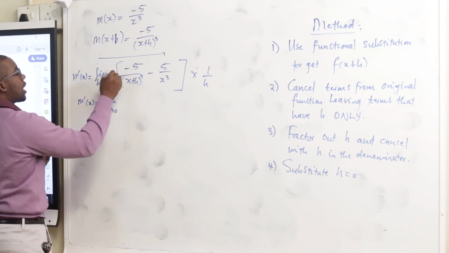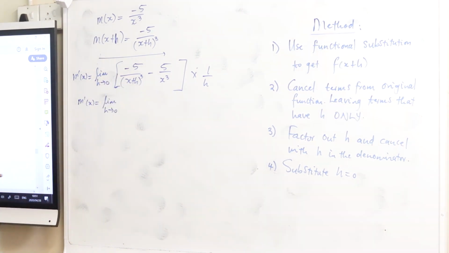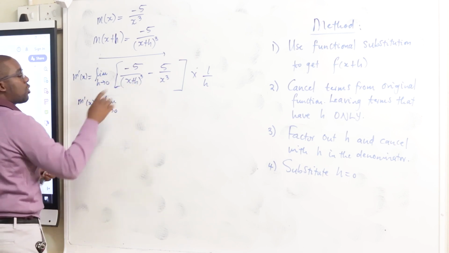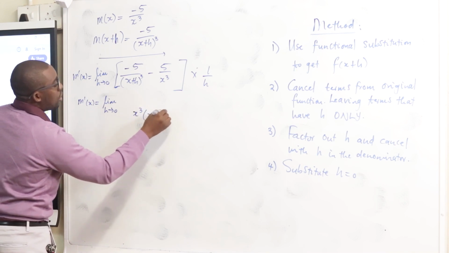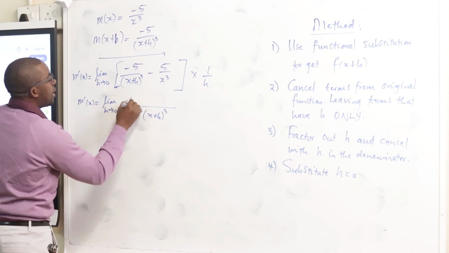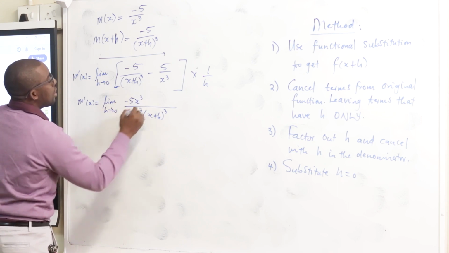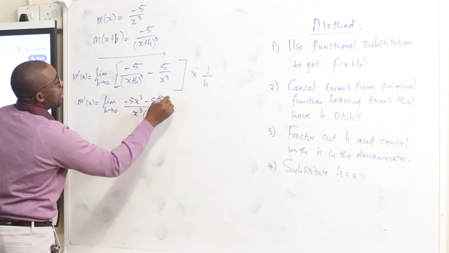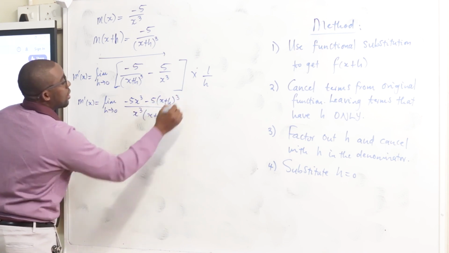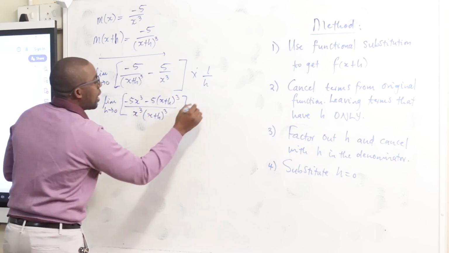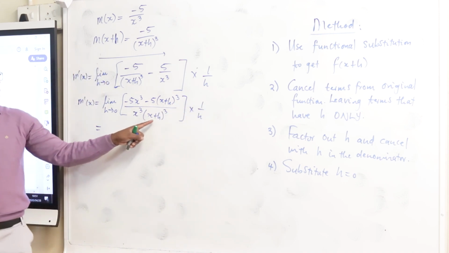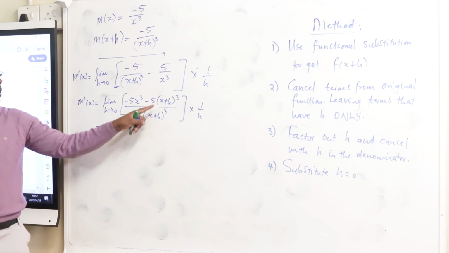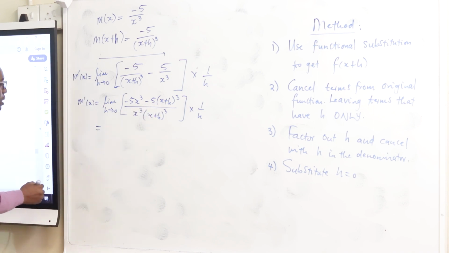When you have scenarios like this, you have two fractions. It's imperative that you get the LCD. So multiply the 2. This is just going to be x cubed, x plus h cubed, all over minus 5x cubed minus 5 x plus h cubed, still multiplied by 1 over h. This one in the denominator, the x plus h cubed, don't expand, but this one in the numerator, you must expand.